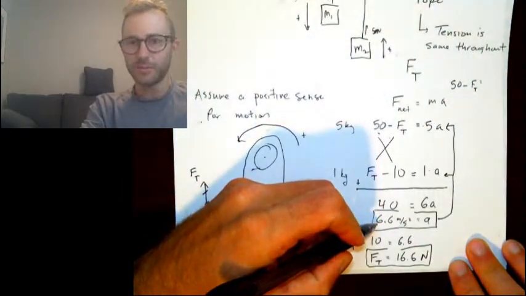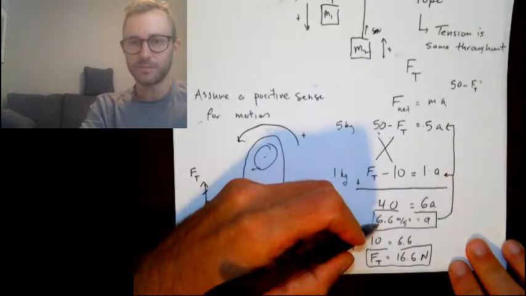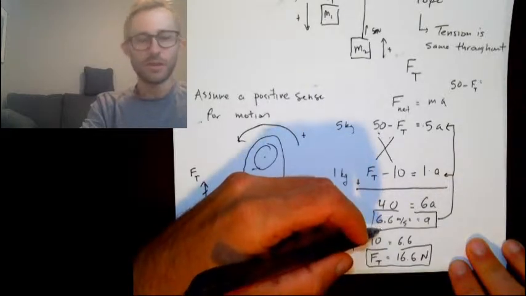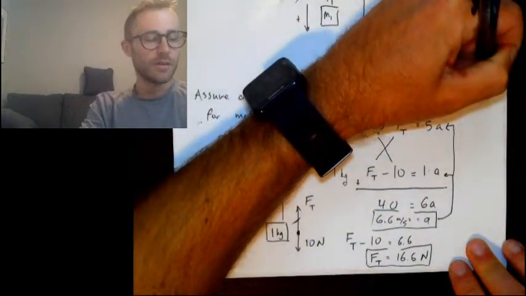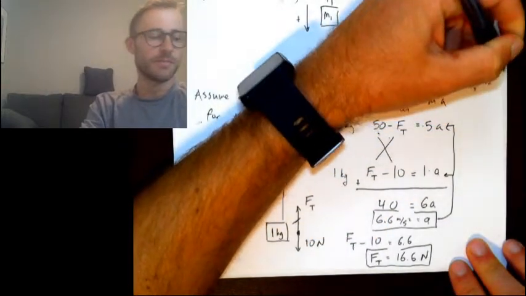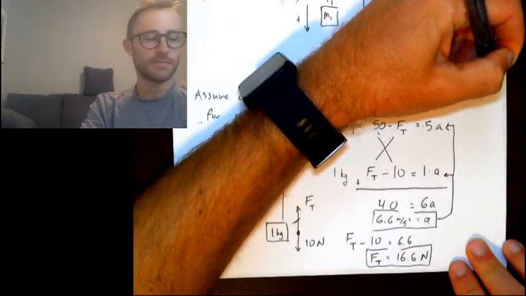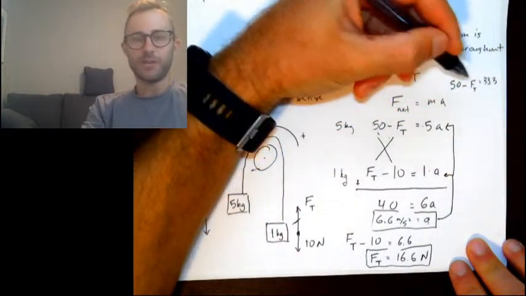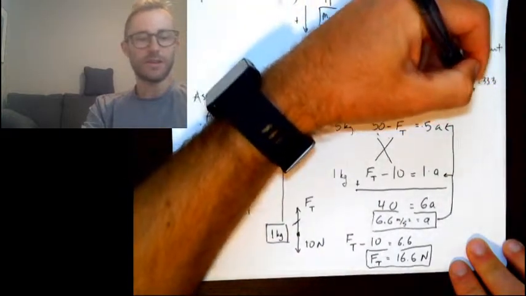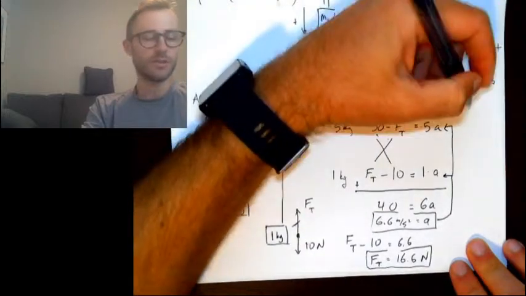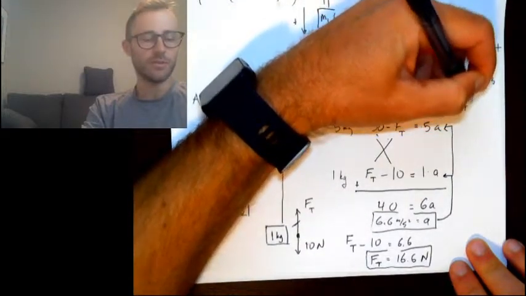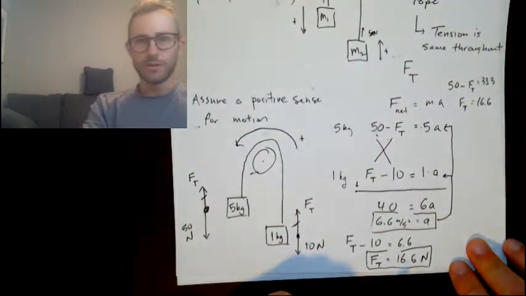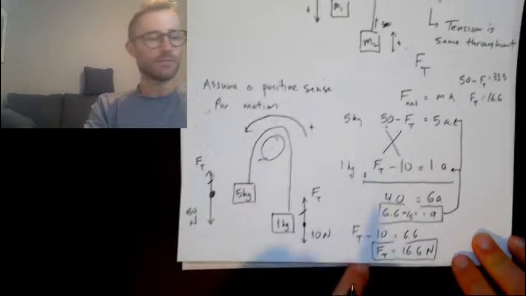So 5 times 6.6 is going to be 33.3. Okay, and then I subtract 33.3 from both sides, and I add f sub t to both sides, and I get f sub t equals 16.6. All right, so I'm confident that I have the right answer.